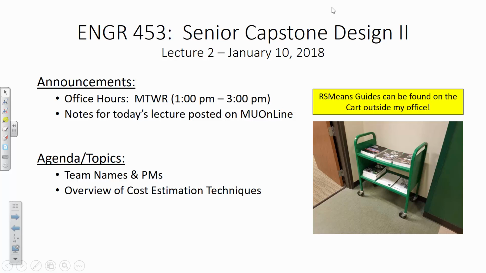One other point: these cost estimation guides are going to be a very fundamental tool for how you perform cost estimation for your projects. I have a whole bunch of them on the cart outside my office. But what I don't want to have happen, especially at critical times, is that you have an alternatives report due March 9th, and it's March 8th, and Team 2 just takes them all.